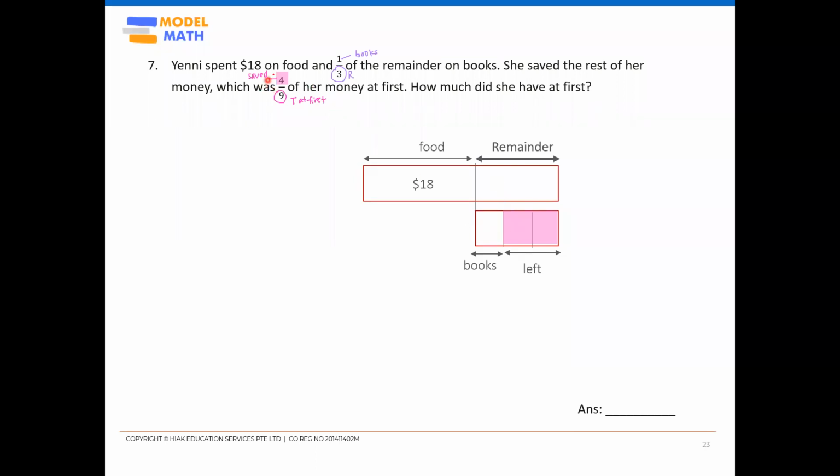Based on what I see here, save should be 4 units. But looking at my model, do I observe 4 units for saved? I don't. I only see 2 units. Which means I need to do something to make sure 4 and 2 show the same number of units. So how to have 4U and 2U at the same time?